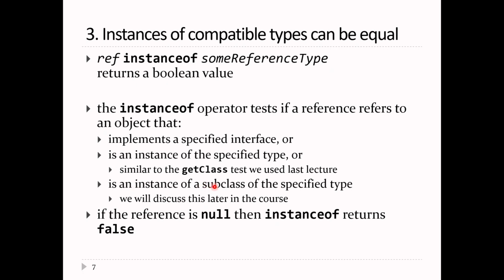It also tests if the reference is an instance of a subclass of this type, and that comes when we talk about inheritance. In all cases, if the thing is null, then null instanceof anything is always false. So you never have to explicitly test for null if you're using instanceof.